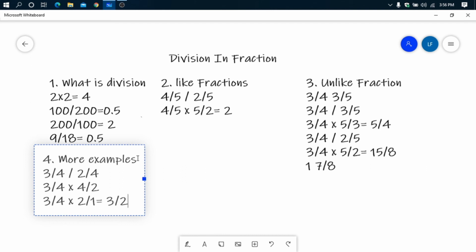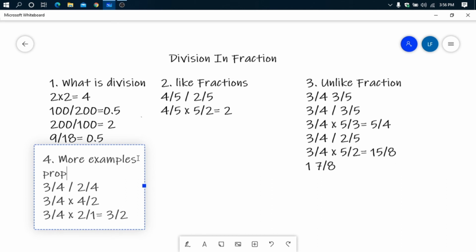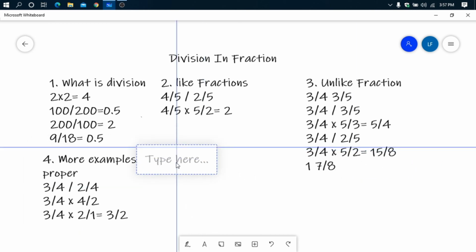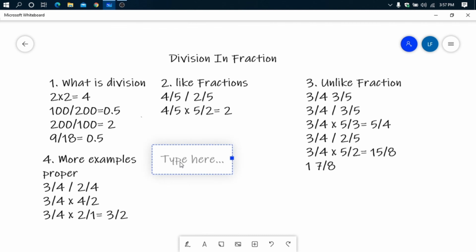Okay, this is for proper fractions. Now, I meant improper fractions.